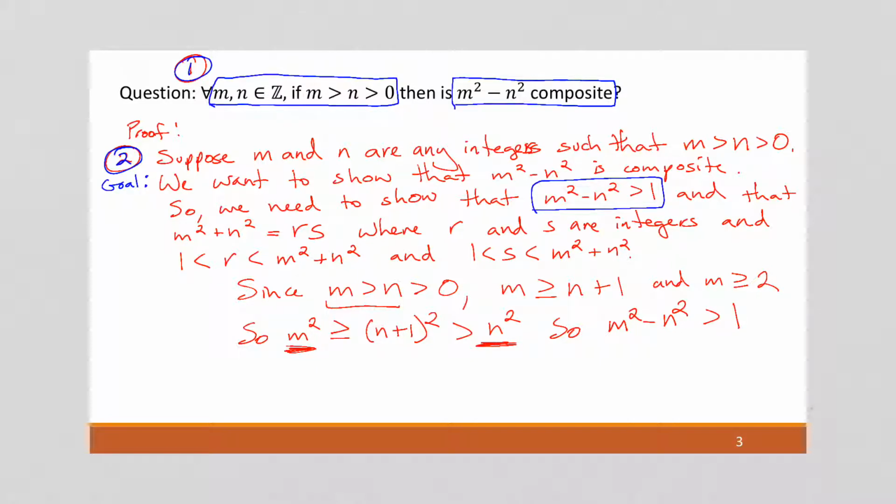Right? It won't be equal to 1 because m squared is going to be at least 2. So the smallest possible difference would be 2 squared minus 1 squared, which is 4 minus 1, which will be 3. So 3 is always greater than 1.